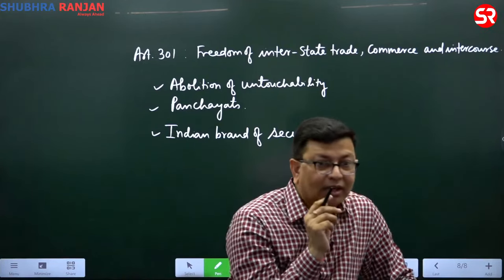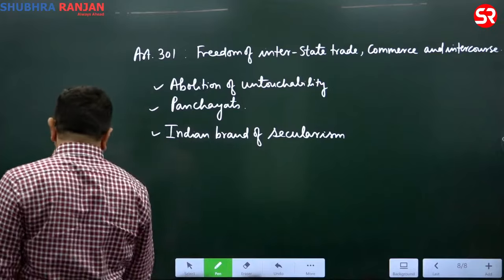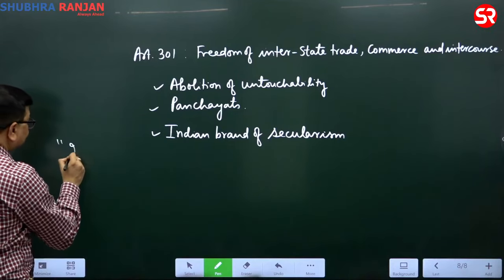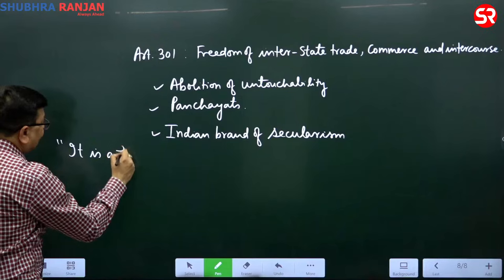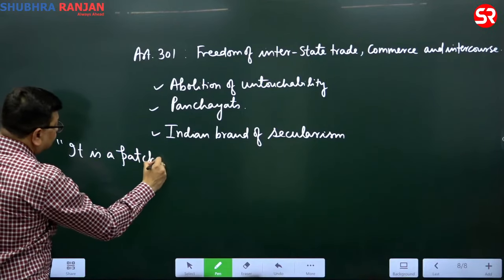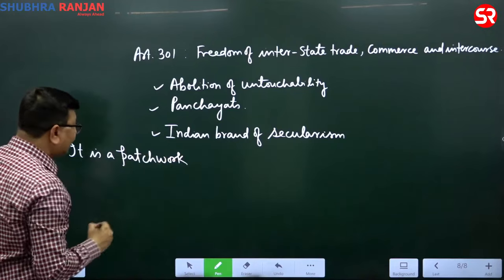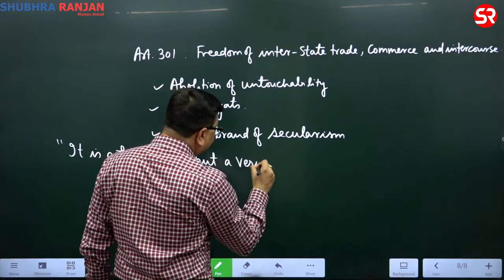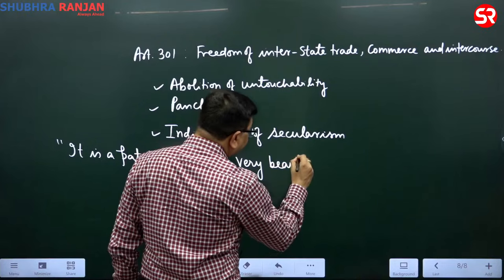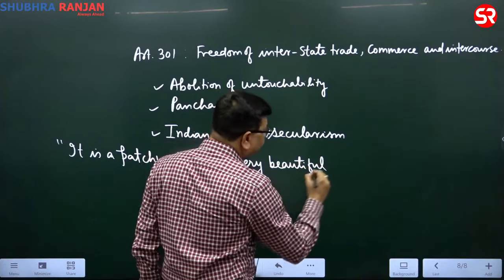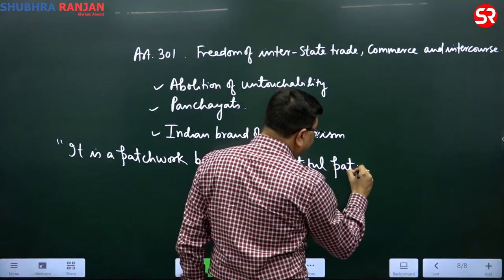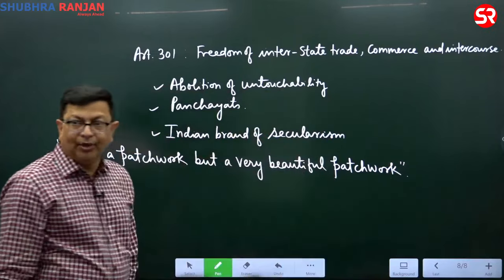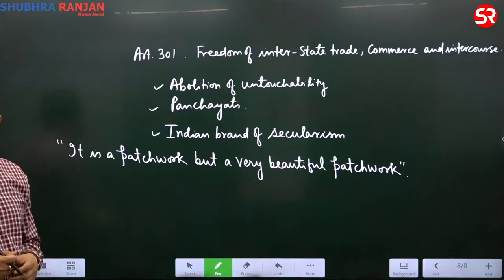Full stop. It may also be said that it is a patchwork, but a very beautiful patchwork.